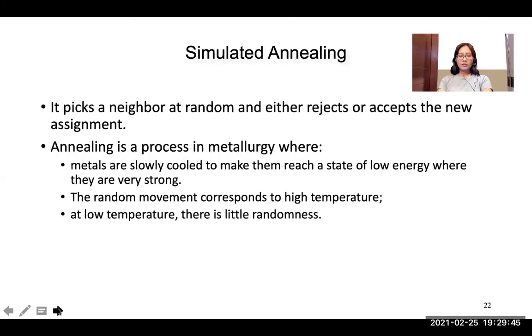There is an algorithm called simulated annealing. It picks a neighbor at random and either rejects or accepts the new assignment. Annealing is a process in metallurgy where metals are very slowly cooled to reach a state of low energy where they are very strong.